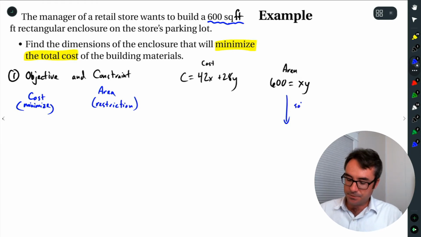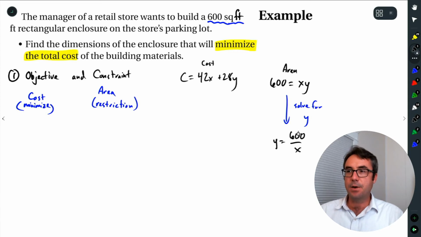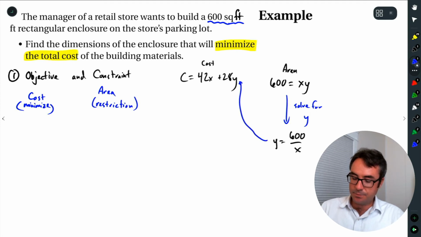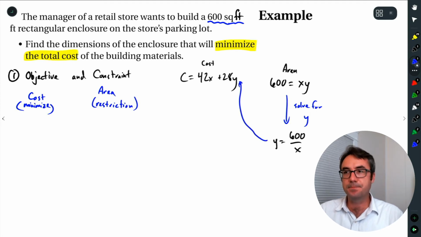But I'm going to solve this for y. And so I get y is equal to 600 divided by x. I've solved my constraint equation for one of the variables. And what I'm going to do is take this and plug it right into my objective function. So I'm going to plug it right in here for y.